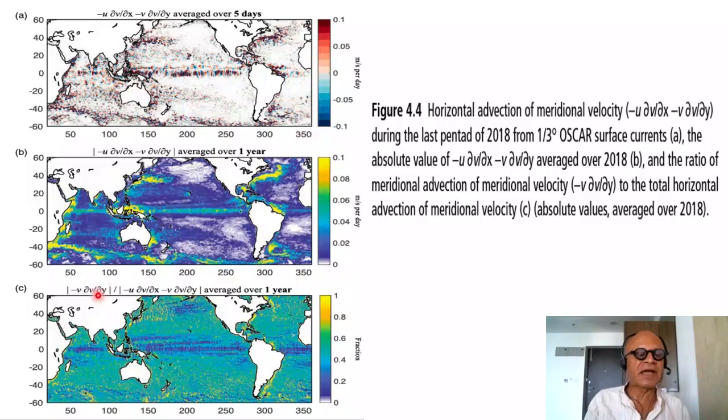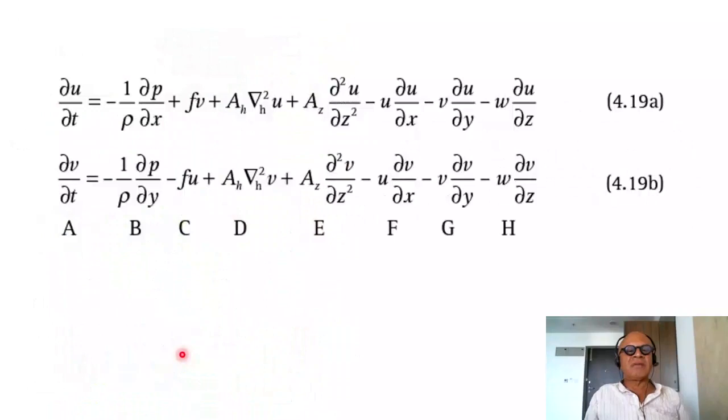And the magnitude or the ratio is strong where the v dv/dy term is strong. Again, it shows up where the divergence near the equator is strong. It is just a way to think about the magnitudes.